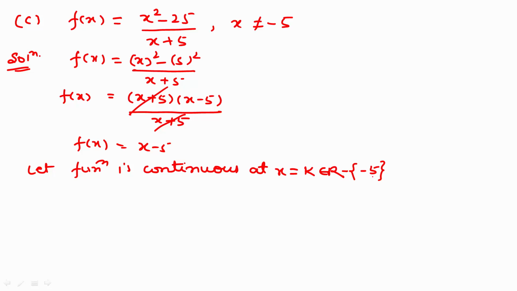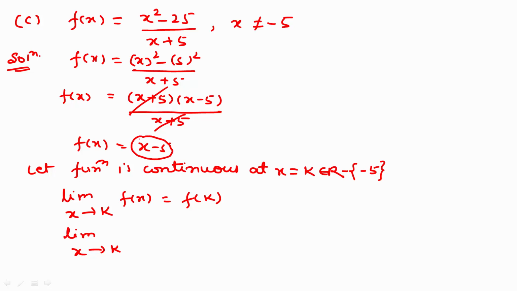So this will be equal to limit x tends to k, f(x) is equal to f(k). Limit x tends to k, and the function is x minus 5, and f(k): again take the function x minus 5 and put the value of x is equal to k.